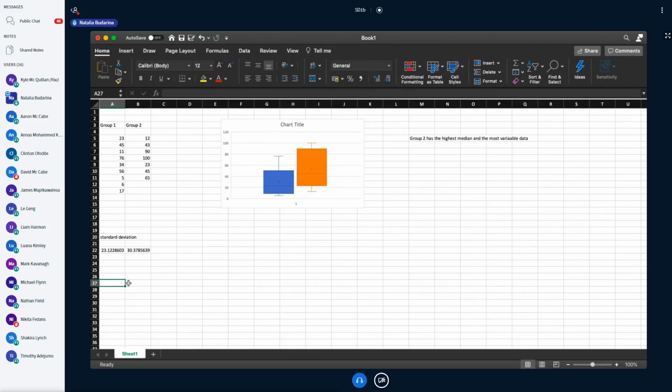When you construct a box plot, you need to have your original data. When you calculate the 5 number summary, it's better to use a frequency distribution. So I'm now going to create, I don't know, group 3, and I would like it to have some different frequencies.